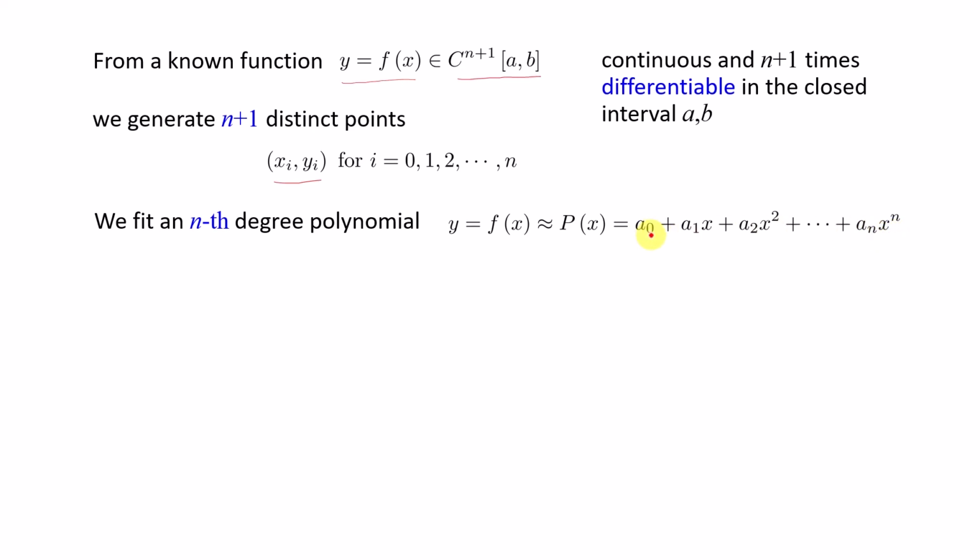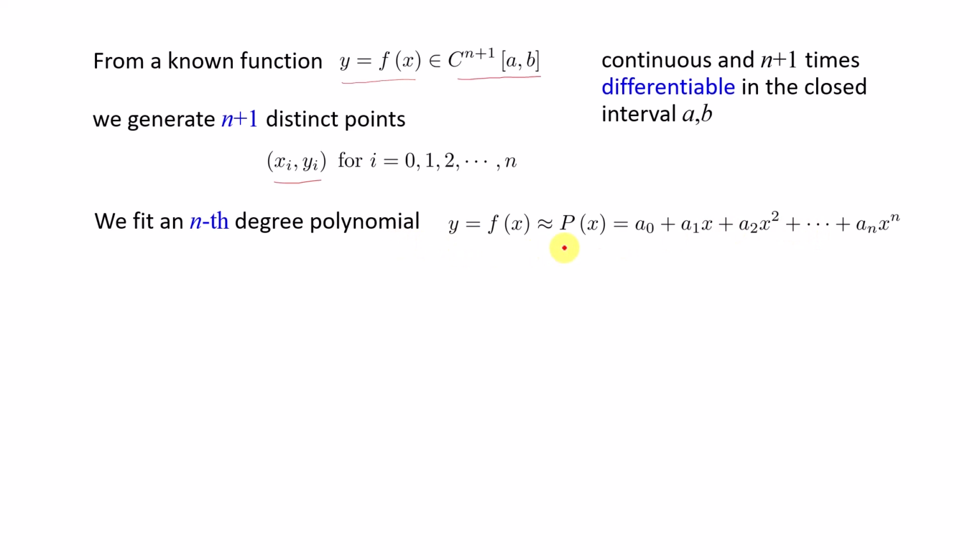You can see here I have a0, a1, a2 up to an, a total of n plus 1 unknowns, and I will use these n plus 1 distinct points. I'll let the polynomial pass through these n plus 1 distinct points, and that is how I'll get a0, a1, a2, up to an.